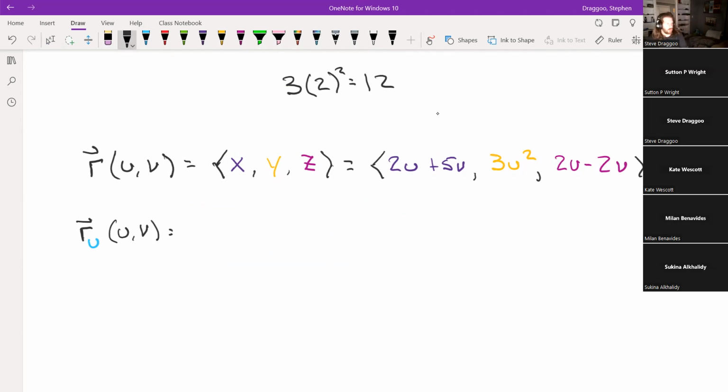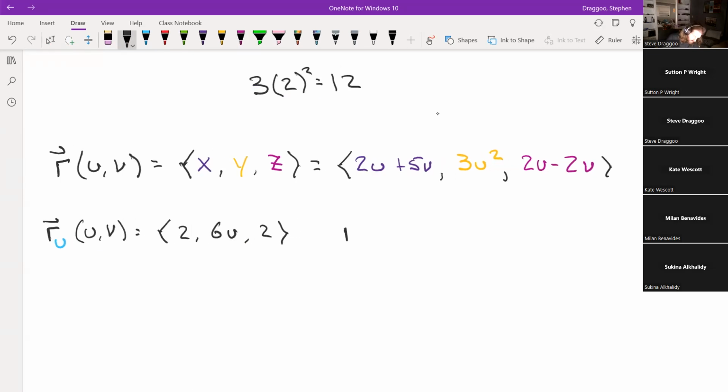However, the two variables are completely separate, so we'll end up seeing that it only ends up being a derivative of one variable, if even one at all. So that thing's going to come out to 2, 6u, 2 is r partial u.